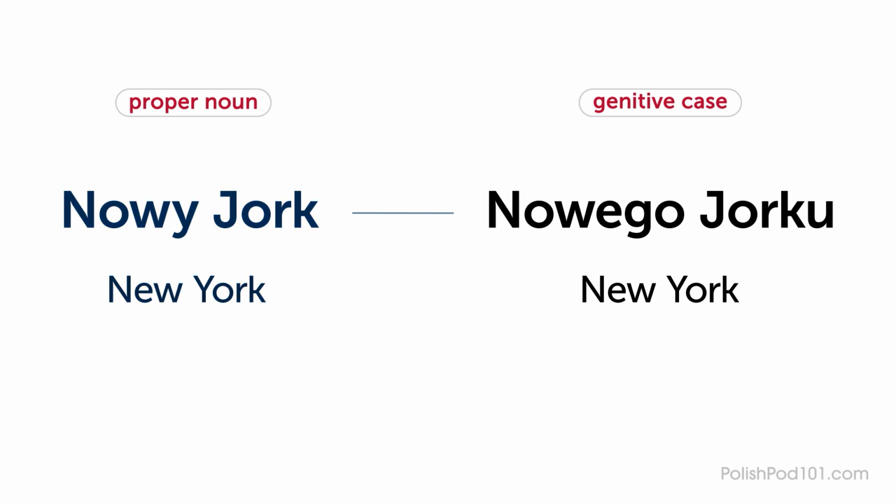In Polish, all nouns have grammatical gender and are either singular or plural. Jork is masculine singular, a fact that will determine the form of other words in the sentence. Jork becomes Jorku when it is placed in the genitive.